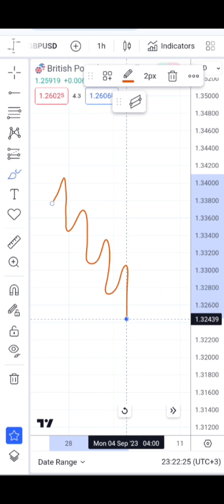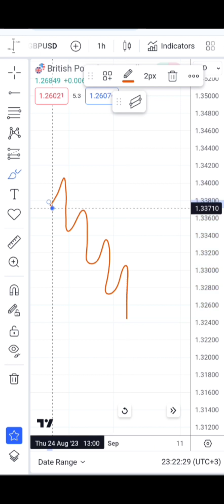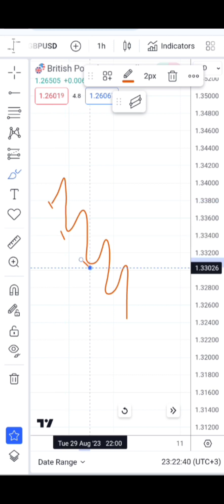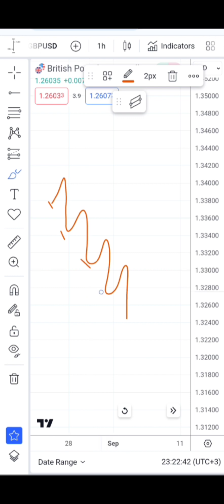So you realize this low here is lower than this low here, which is higher, but the next low is lower, followed by a low that is also lower in that fashion.